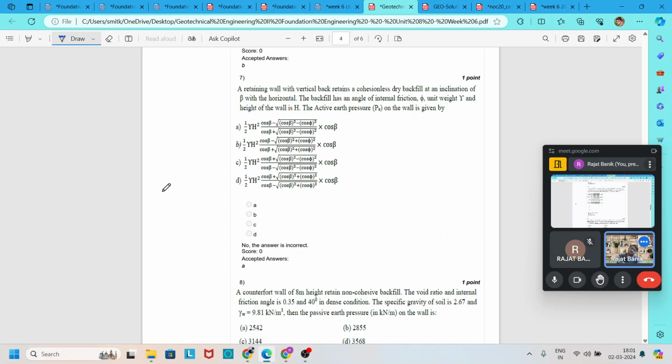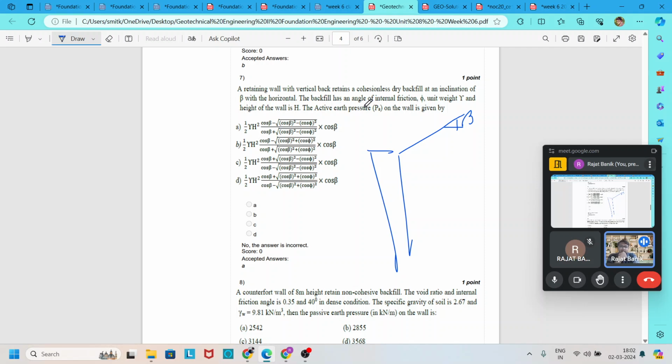Question number 7 asks: a retaining wall with a vertical back retaining a cohesionless dry backfill at an inclination of beta with the horizontal. So the surface of the backfill material is inclined at an angle beta.